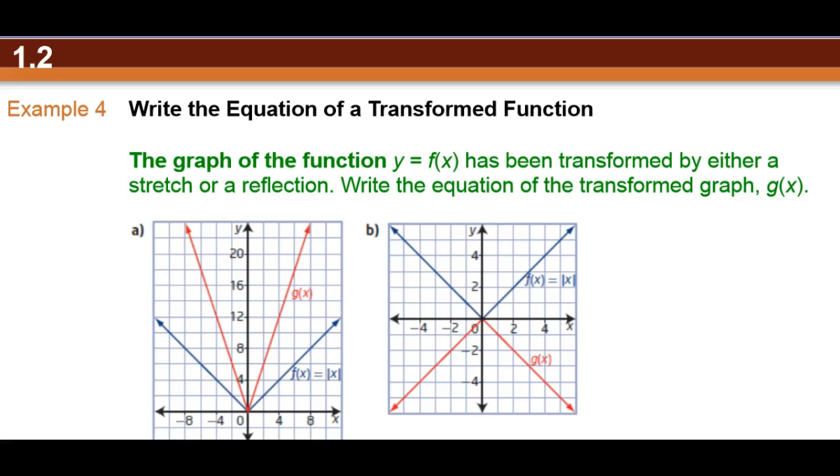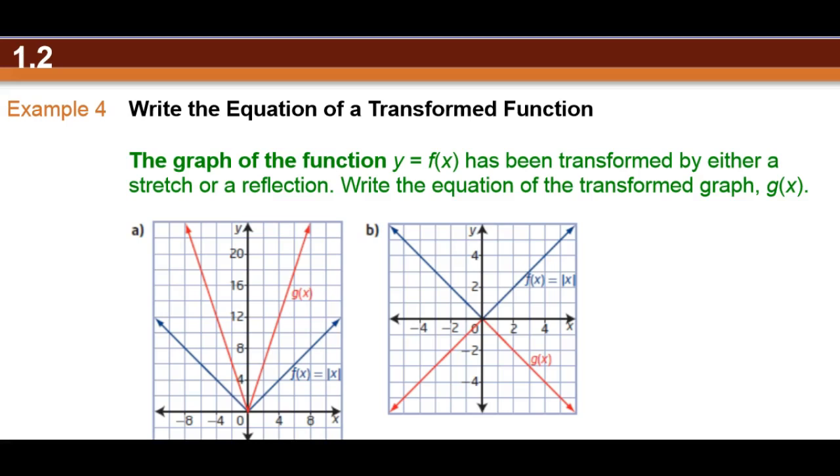So here are our points. I have minus 6 and 6, minus 4 and 4, minus 2 and 2, 0, 0, 2, 2. They keep going like 4, 4, 6, 6. If you notice, you hit the ones that are perfect on the lines.